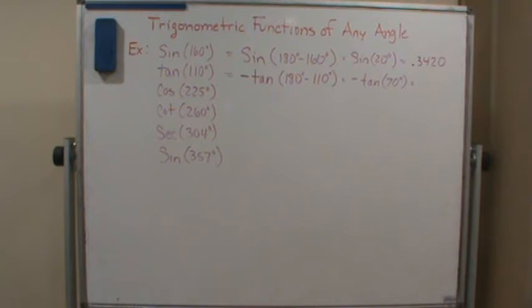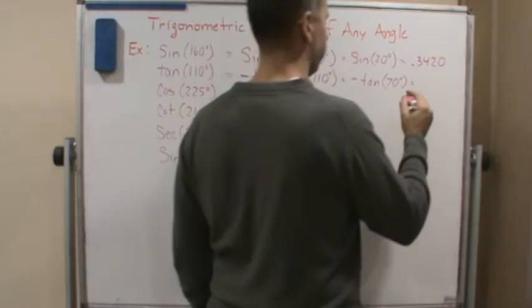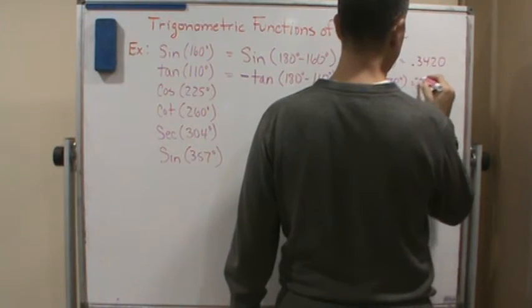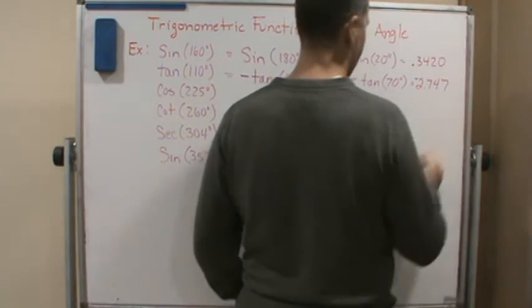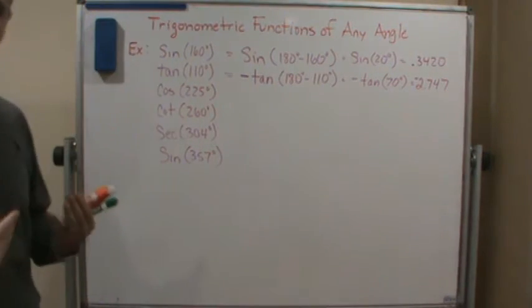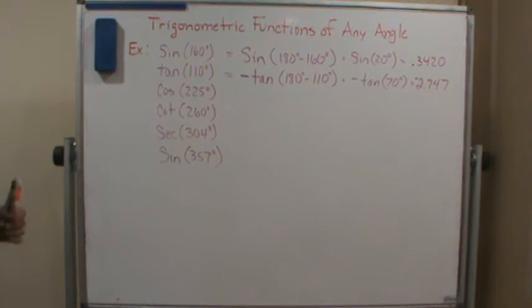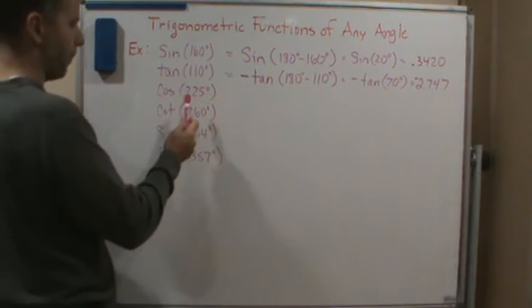And so this is going to be negative 2.747. Now is this starting to make sense to you? I hope it is.